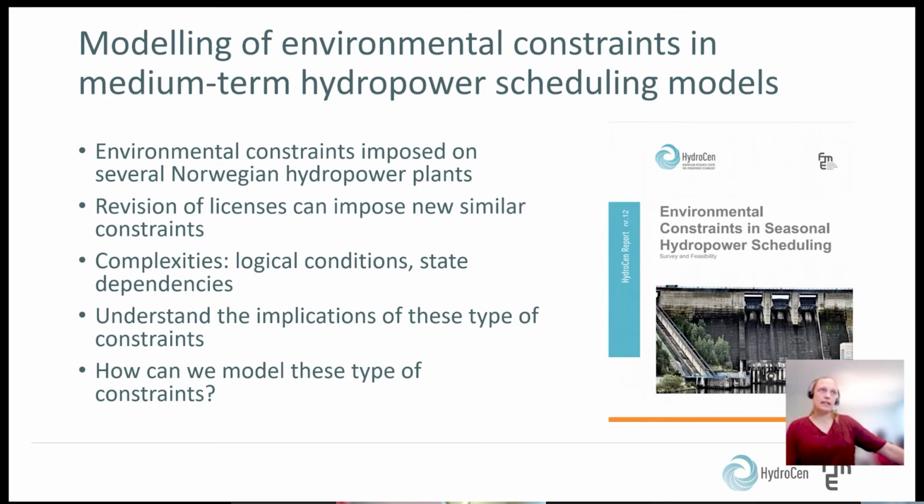So in work package 3, there is a project 3.4 that focuses on this, how to model these complex constraints in the scheduling problem. And there is also a hydrogen report that discusses this a bit more, and that's based on a survey where they have asked the hydropower producers what type of constraints that they find challenging to handle in operations.